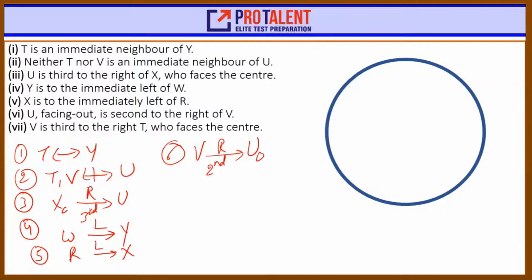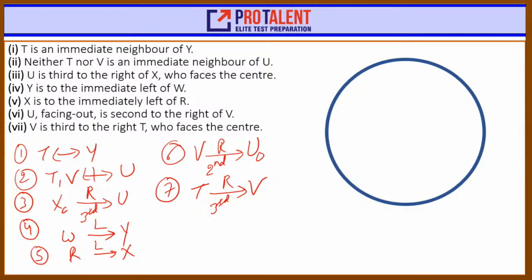And then point number 7 says that V is third to the right of T, T right, third, V. So V is third to the right of T, who faces the center.